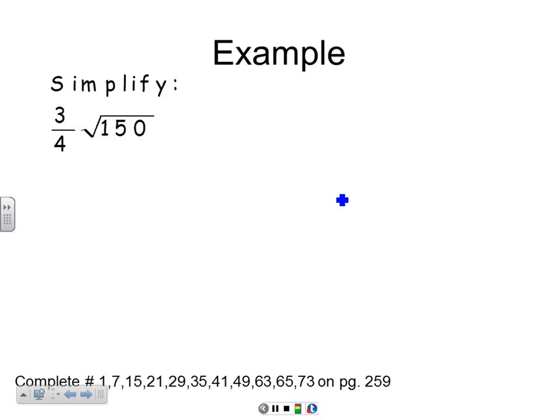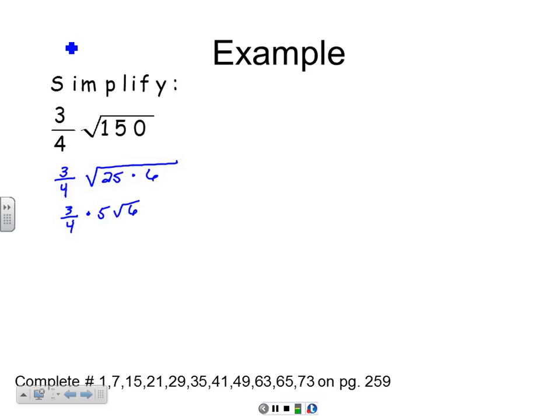Alright, the only reason why I wanted to show you this problem is because I know fractions kind of make people nervous, but this is not that bad. The very beginning, when I showed you how to simplify a radical, what you're going to do is take 150 and simplify it into 25 times 6. Then the square root of 25 is going to be 5, and you can't do anything with a 6.